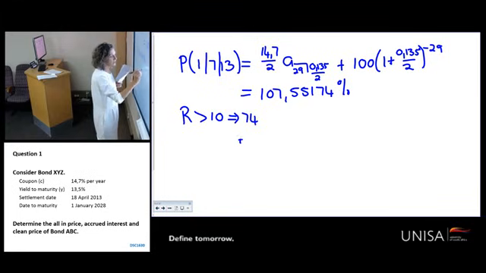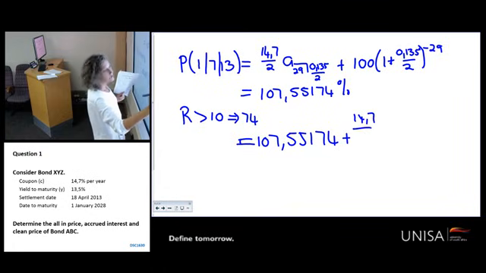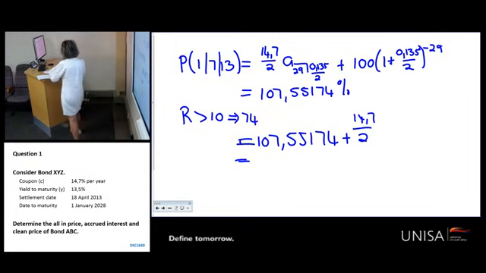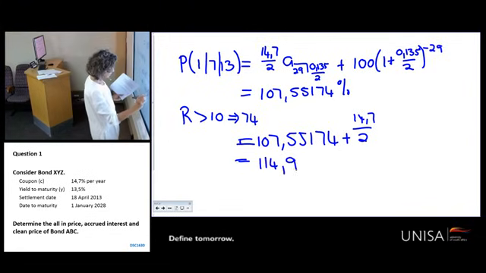So we still need to add to our price another coupon, and our coupon is 14,7 divided by 2. And this gives you the final price on the next coupon date of 114,90174%.